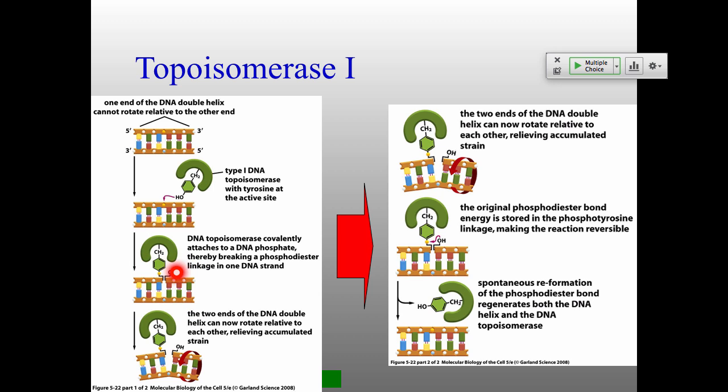This is a reversible reaction, and so the OH is exchanged. Now the topoisomerase is no longer bound to the DNA, and the DNA is reattached here. So what you're doing is cutting one of these strands, wrapping the other one around, and putting that strand back together. So that's one way to deal with this overwrapping process.